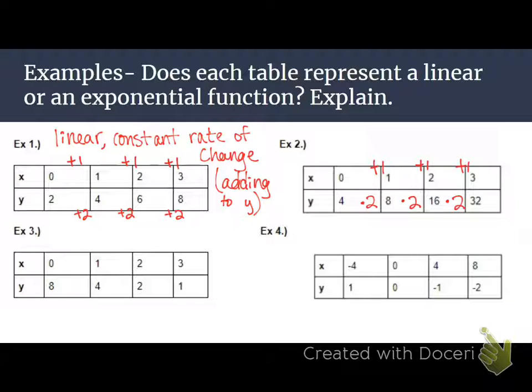So this one, do we think it's exponential or linear? Exponential. Why? Okay, because we were multiplying to y every time by the same thing. If we multiplied by 2, then multiplied by 3, then multiplied by 4, it wouldn't work. But we're multiplying by a constant factor.